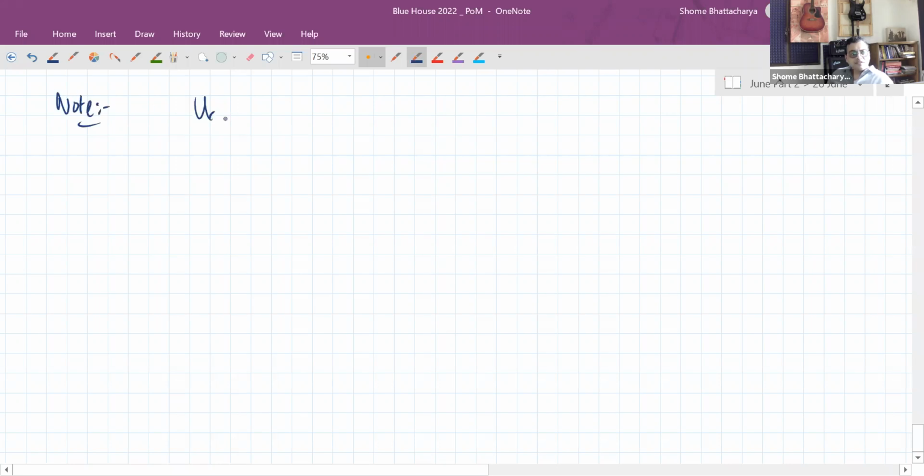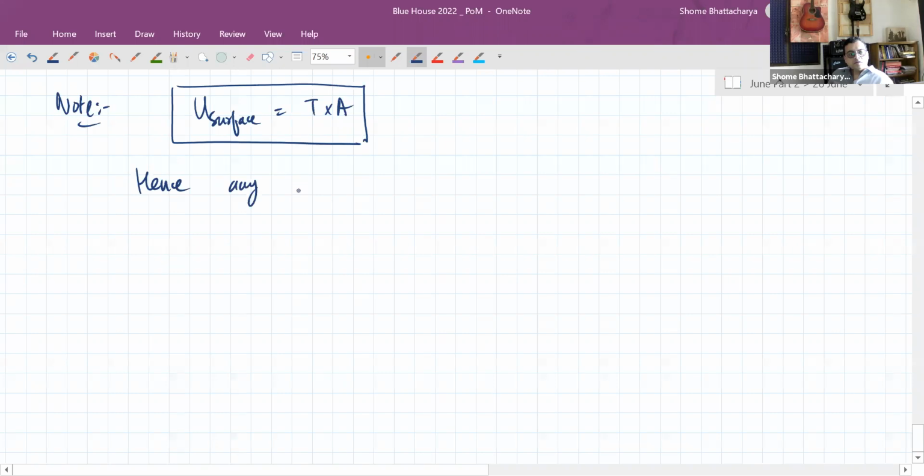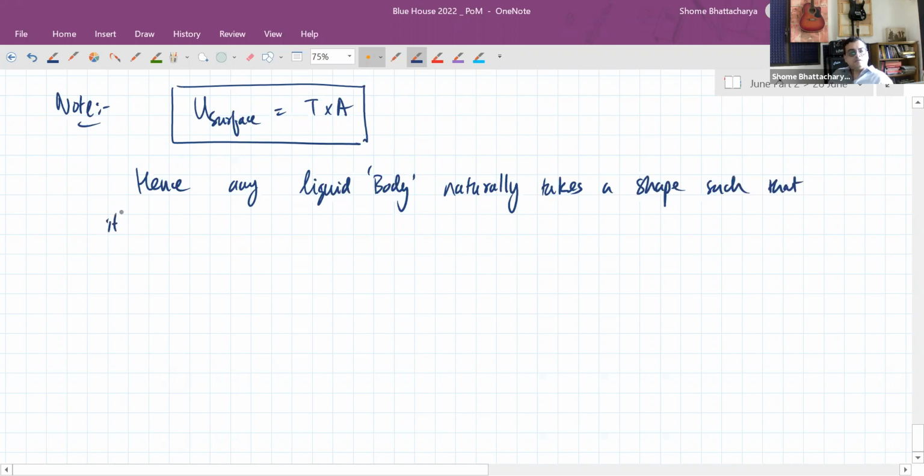So because surface energy is equal to surface tension multiplied by surface area, hence any liquid body naturally takes a shape such that its surface energy, or hence surface area, should be minimized.